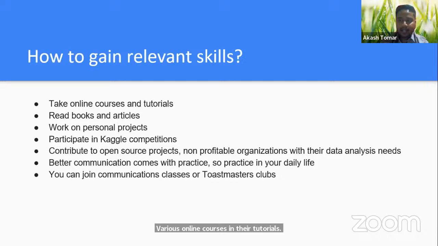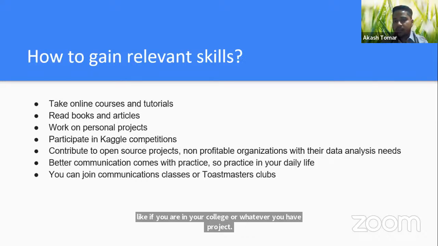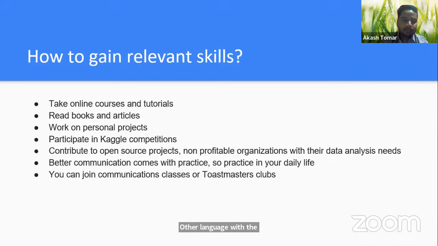You can read books and articles like Analytics Vidhya and other sources provided over the web, which are almost free. You can work on personal projects, like the college projects you have done in Java, C++, or Python, that's well and good.